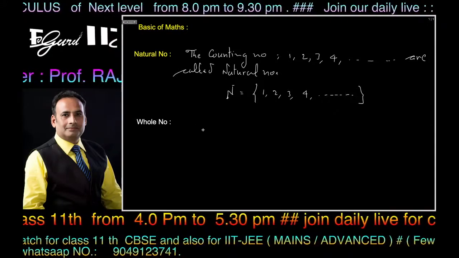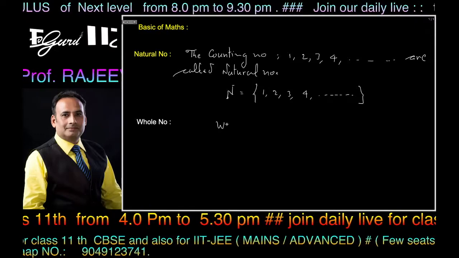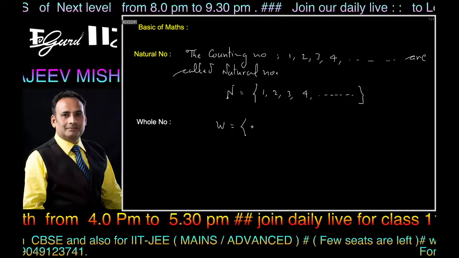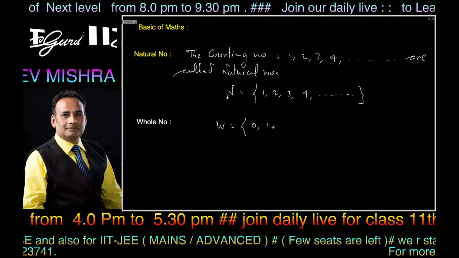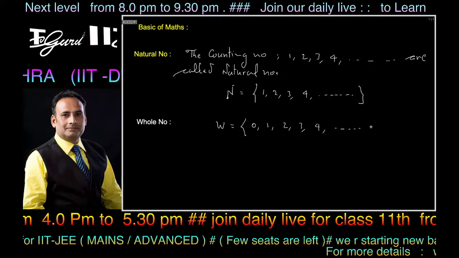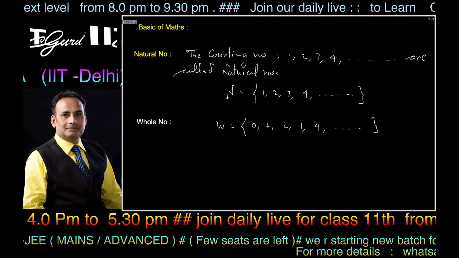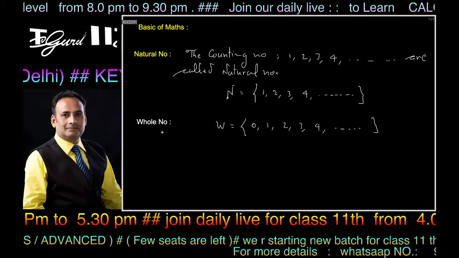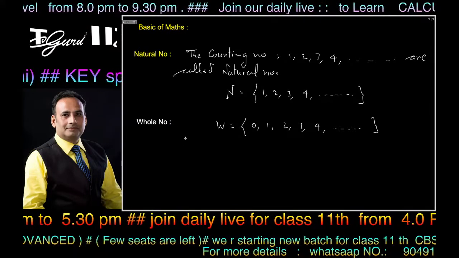It is denoted by capital W, and W is equal to 0, 1, 2, 3, 4, and so on. All natural numbers are whole numbers, but all whole numbers are not natural numbers.